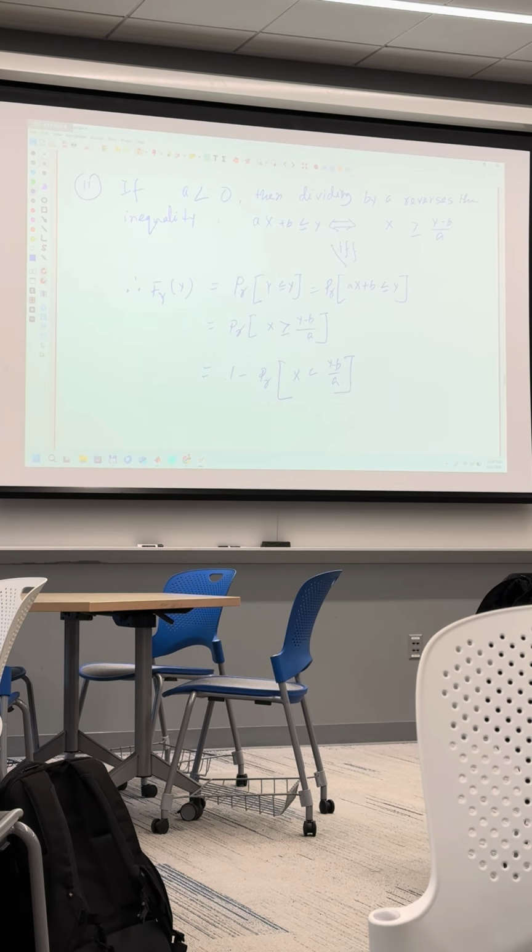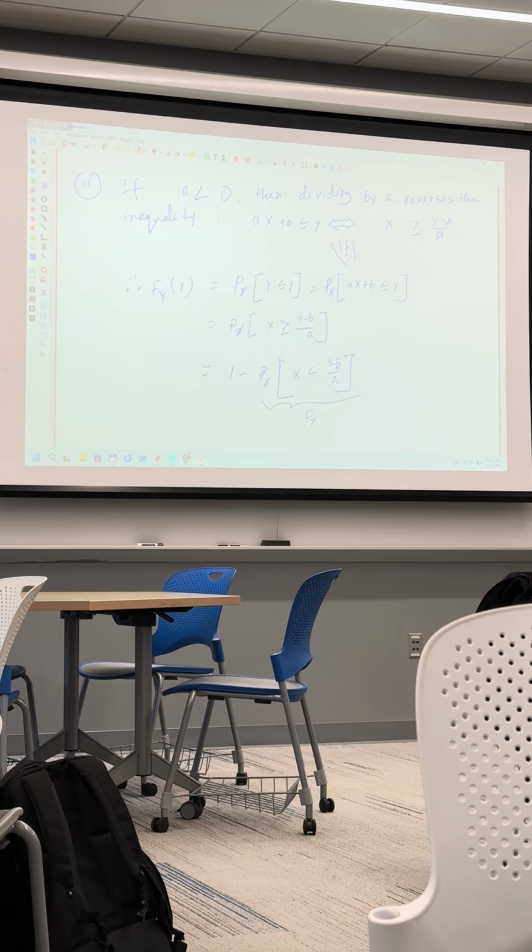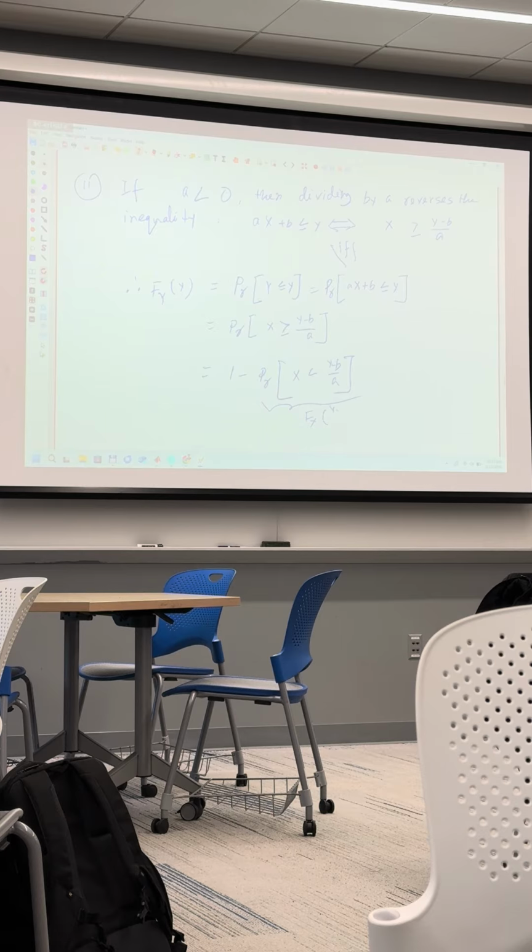So now you can write this as f sub x of y minus b over a. You can just pass this argument. So therefore, when a is negative, you have 1 minus f sub x of y minus b over a. So this is the final answer. So when a is negative, that's where this computation arises.